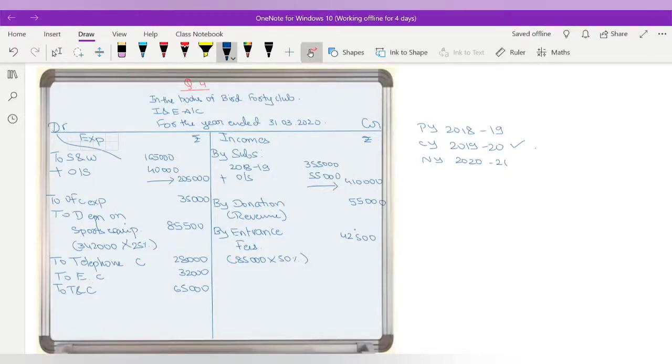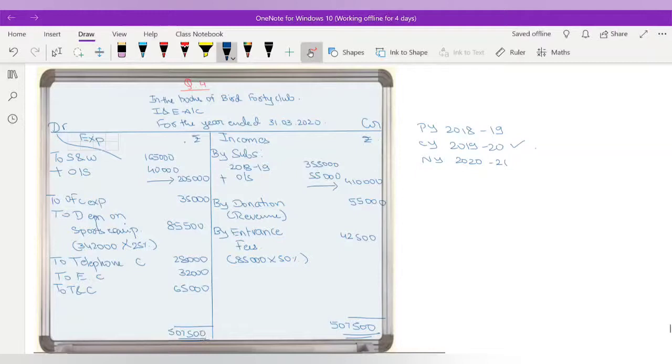Now total on both the sides. Check out which one is higher. First, let us total on the income side. 4,10,000, 55,000 and 42,500. It comes to 5,07,500. Then I will write the same on the debit side also, 5,07,500.